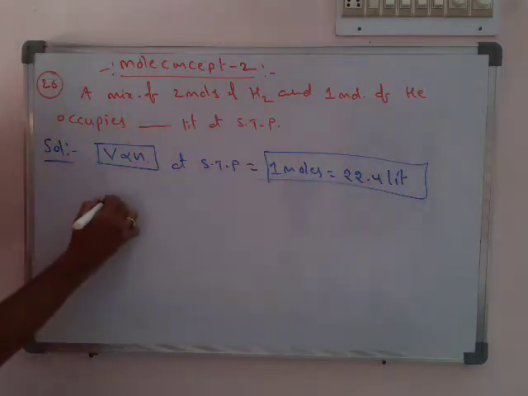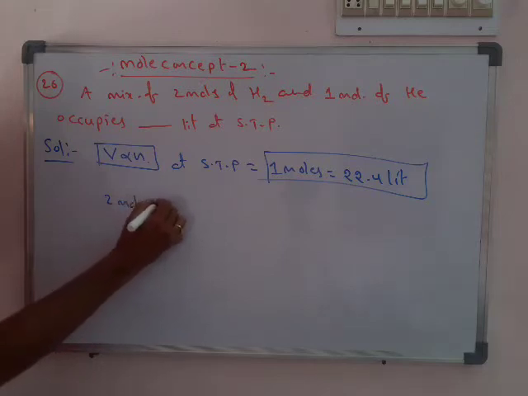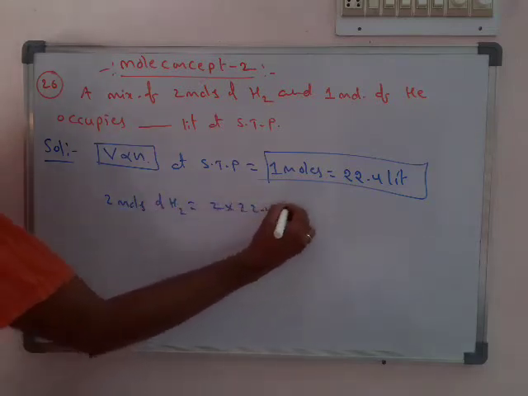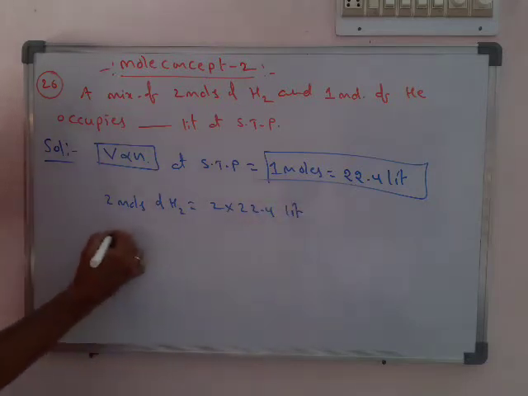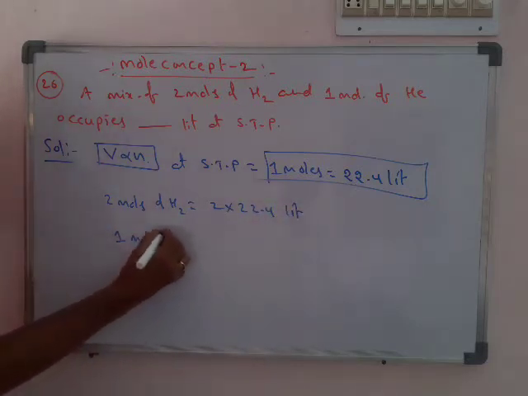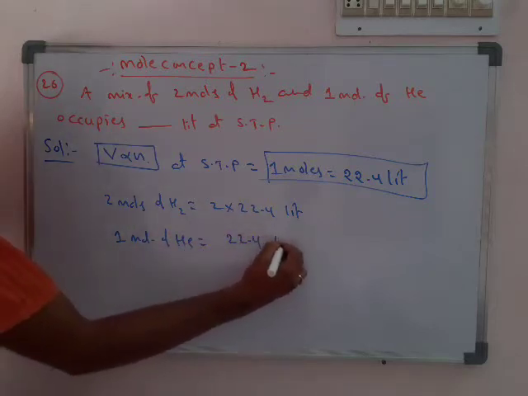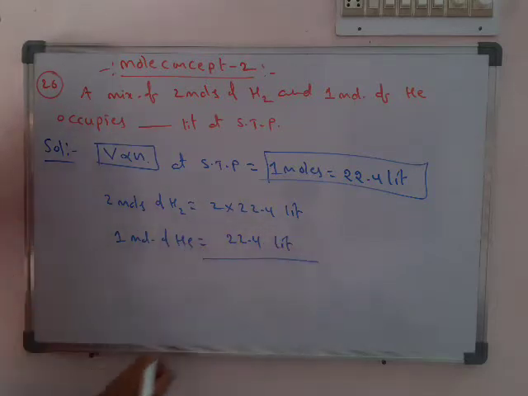So here, 2 moles of H2 means 2 into 22.4 liters. Next, 1 mole of helium, that is 22.4 liters. So the total becomes how much? Okay, that is the total value.